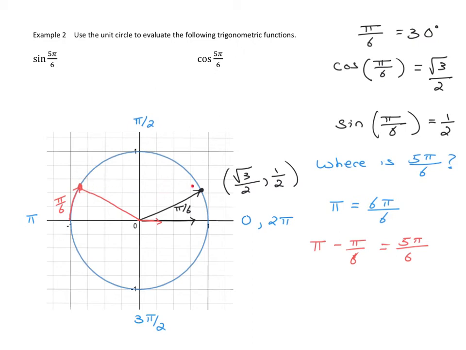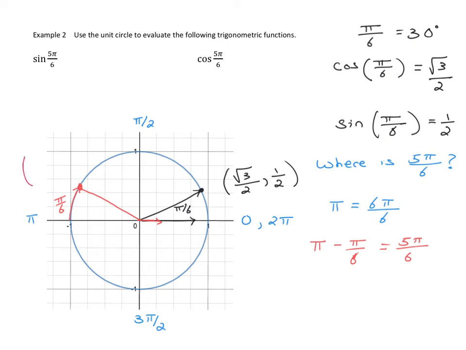Well, I know that the y coordinates are going to be the same because this point just gets reflected over here, but the x coordinate is going to be the negative of it. So if this point gets reflected over here, it has the same y value, but it has a negative x value.